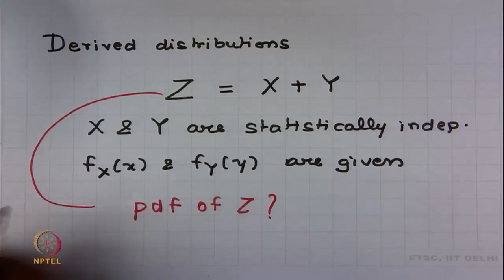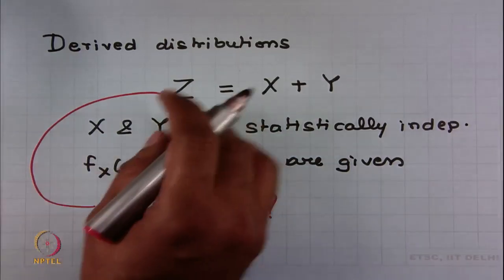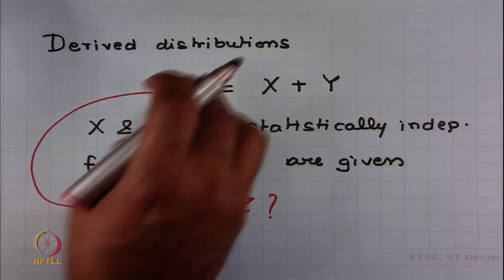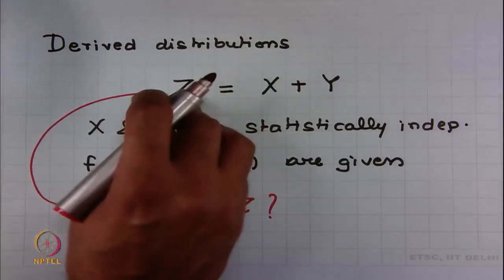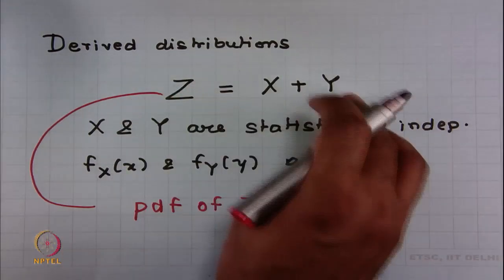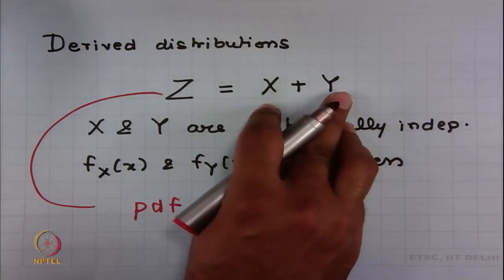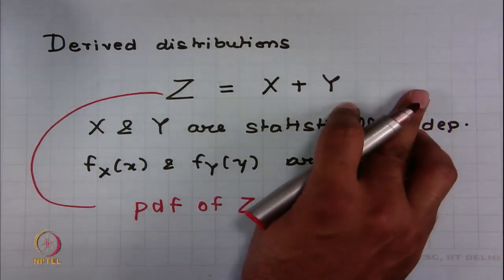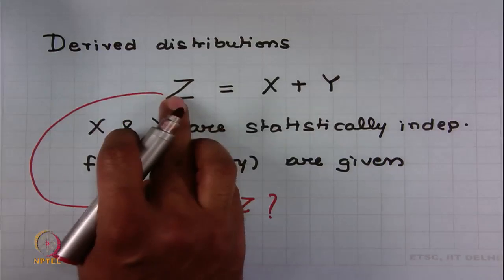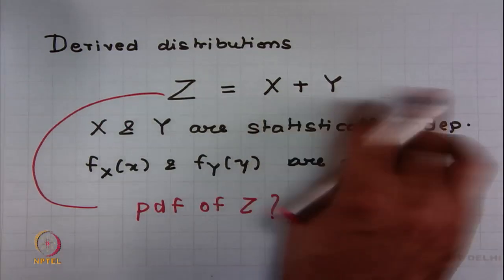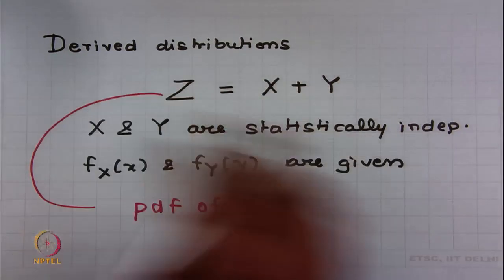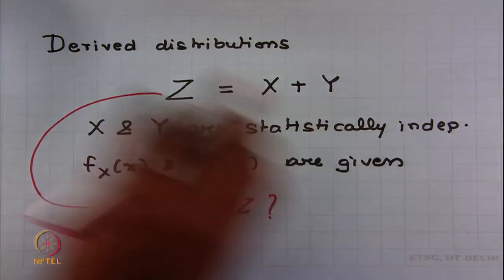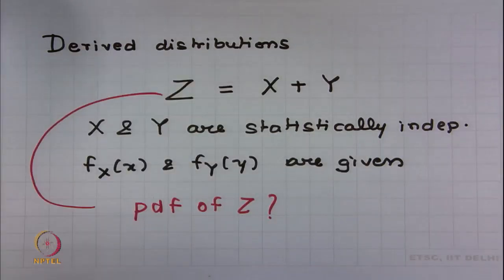That is the problem. So, the problem is to evaluate the probability density function of a random variable when you are given the probability density functions of some other random variables, if this random variable is built using other random variables. So, this is the topic of discussion under derived distributions.